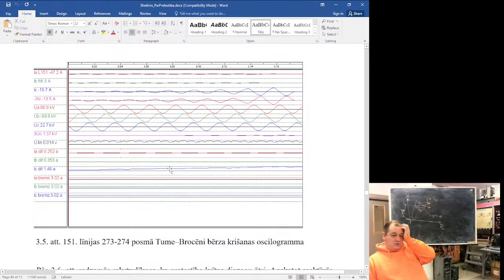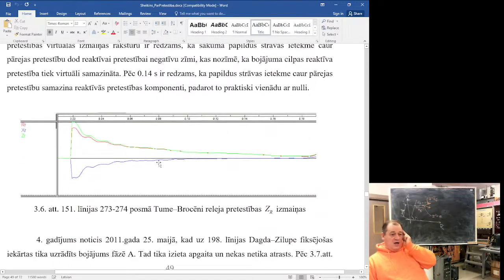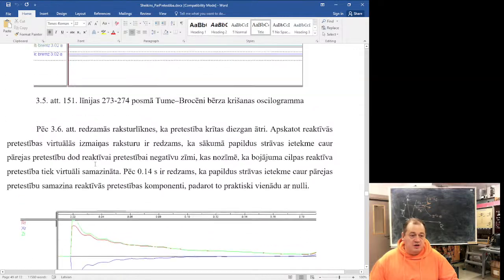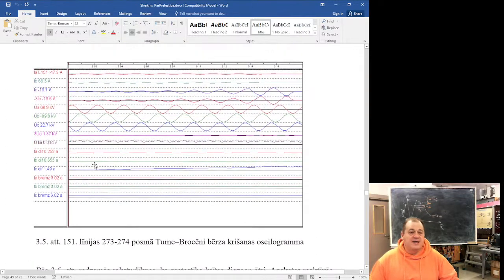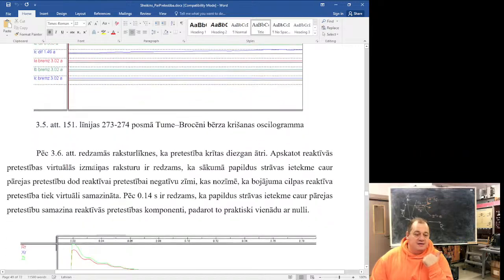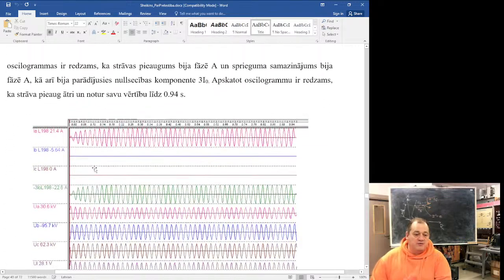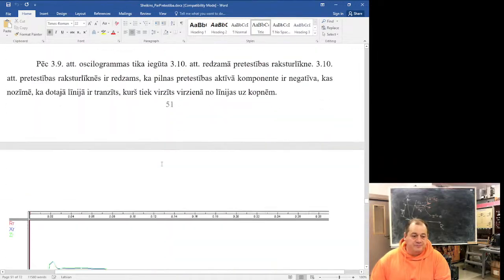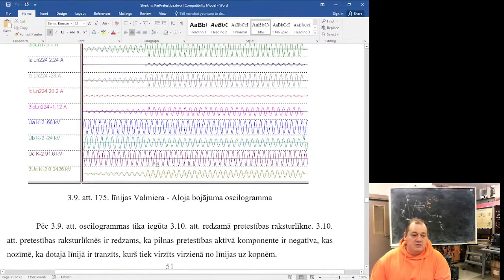One more, Tum-Protzen line. Again, active and observable, the blue line, the observable imaginary part of the resistance to the relay. It's from the viewpoint of the relay. One more, again the same stuff. We see the imaginary part of the fault.